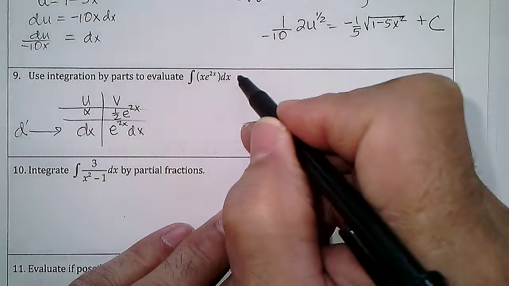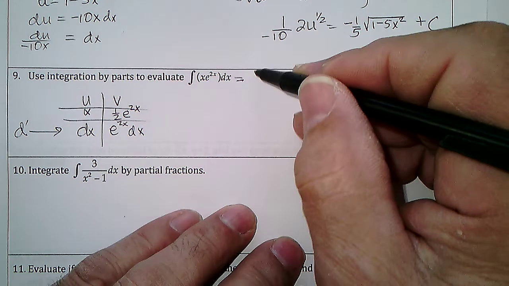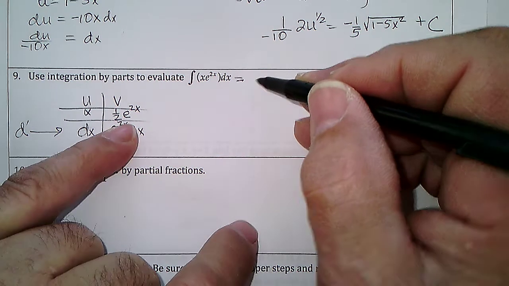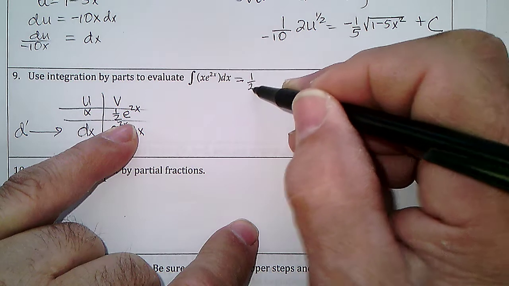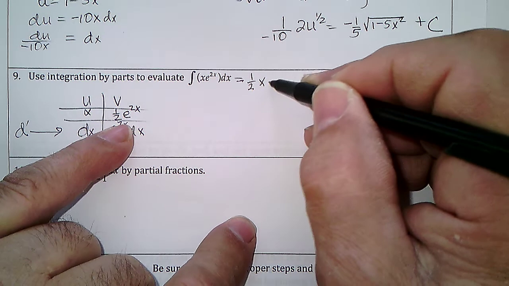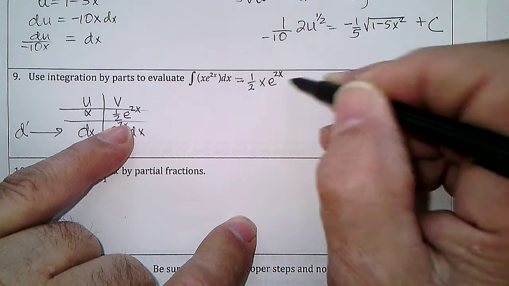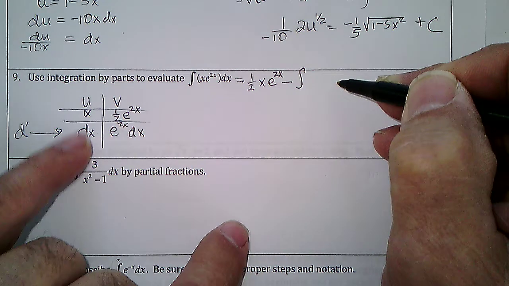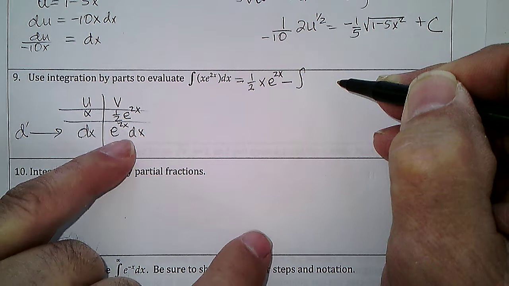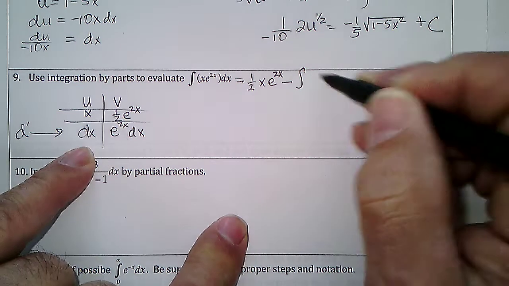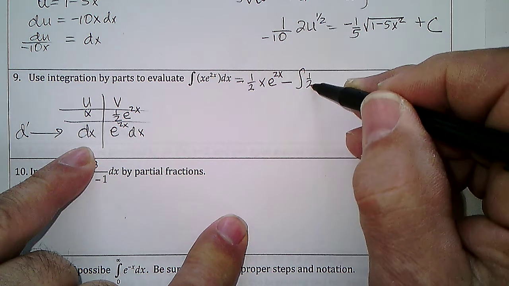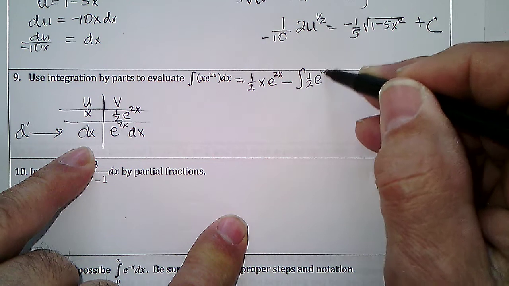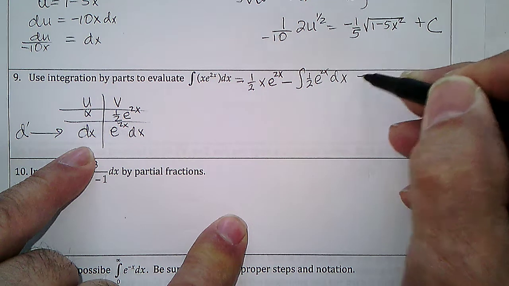So this becomes u times v, so that's 1/2 x e to the 2x minus the integral of not these two that we started with, but those two, 1/2 e to the 2x dx.